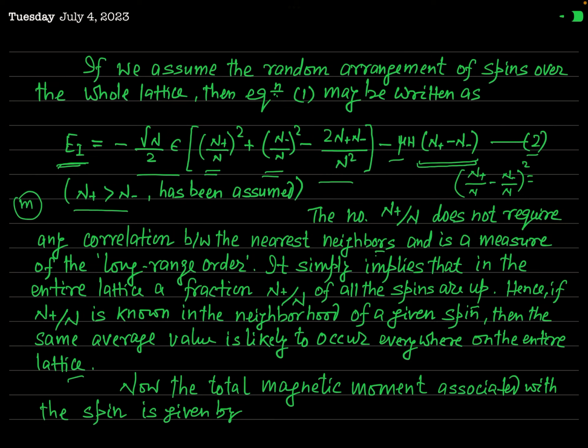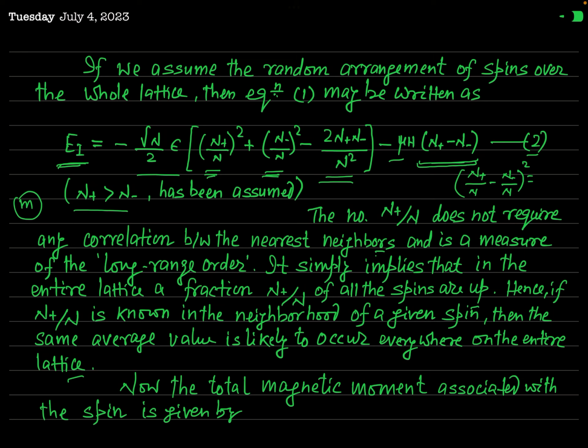So you have found the value of n plus by n in terms of small m. You have also calculated n minus by n in terms of small m. You have then found the value of 2n plus times n minus over n square in terms of m. And finally we have calculated the value of n plus minus n in terms of small m.